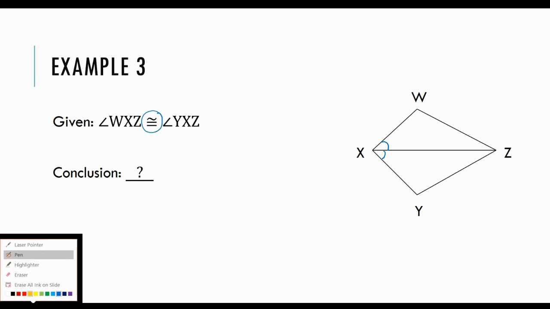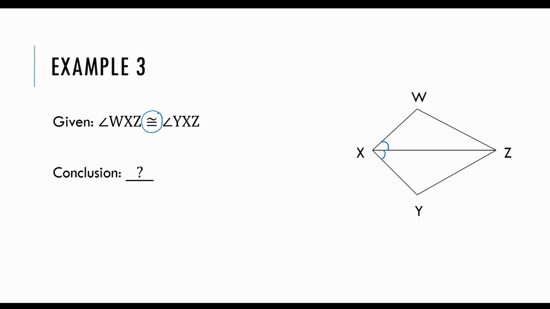In this case, we have 2 small congruent angles. But notice both of those angles are formed at the same vertex, vertex X. So if we put those 2 angles together, it gives us this bigger angle of WXY.